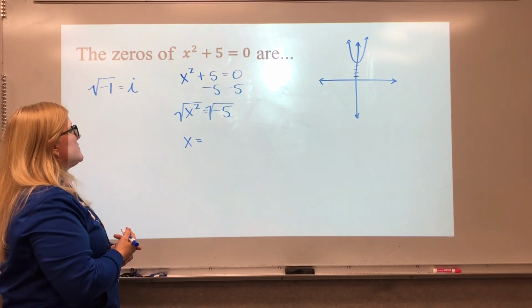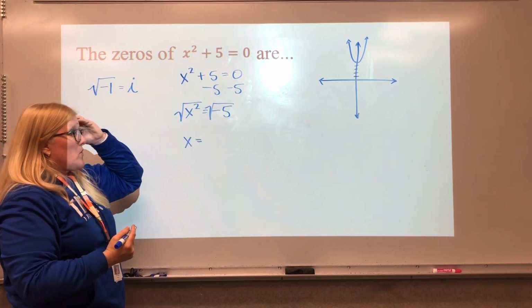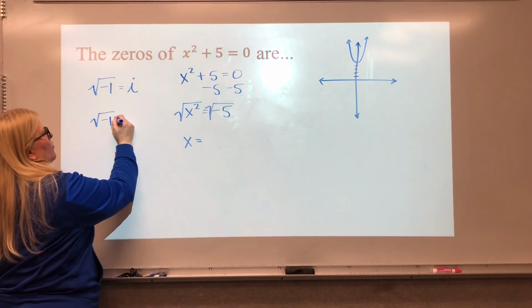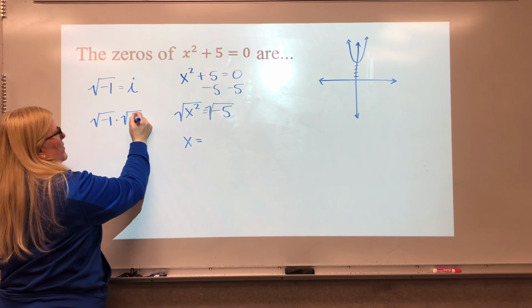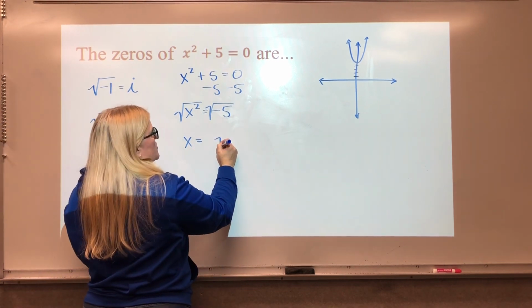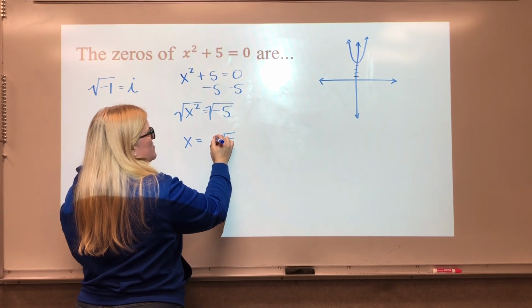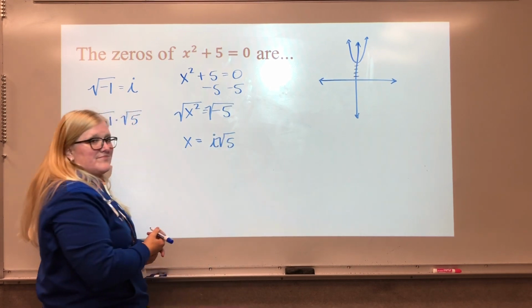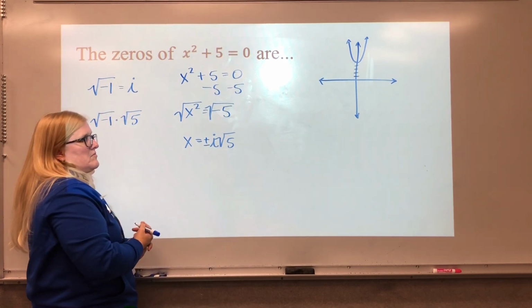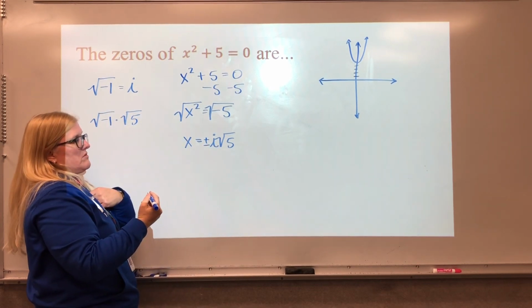All right? So we can break the square root of -5 down into the square root of -1 times the square root of 5, which gives me the square root of 5 times i. And of course we need to put the plus and minus because we took the square root.